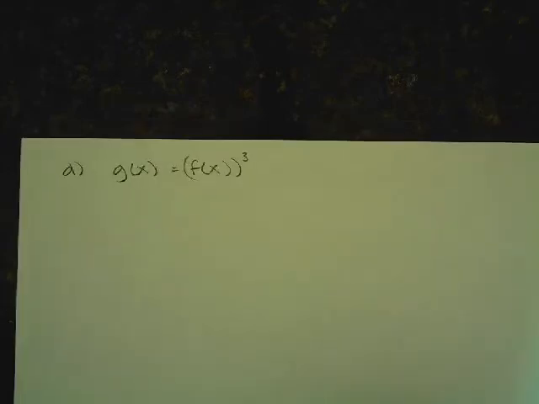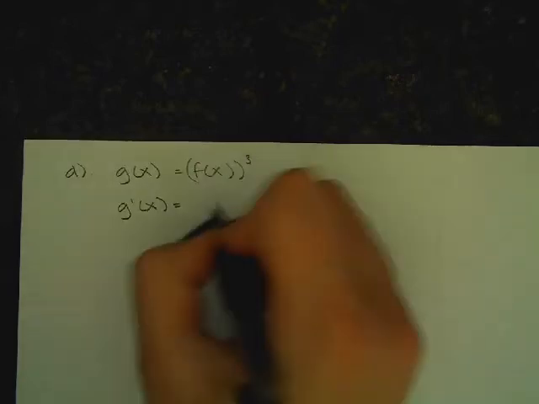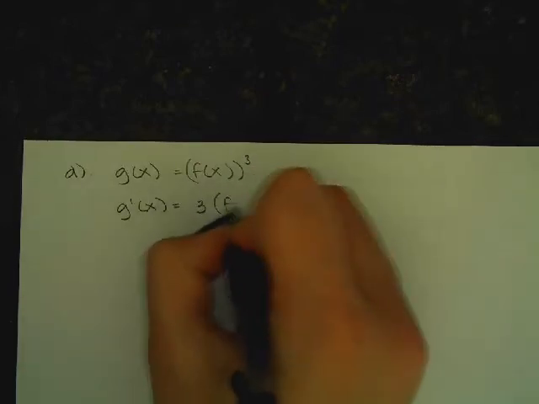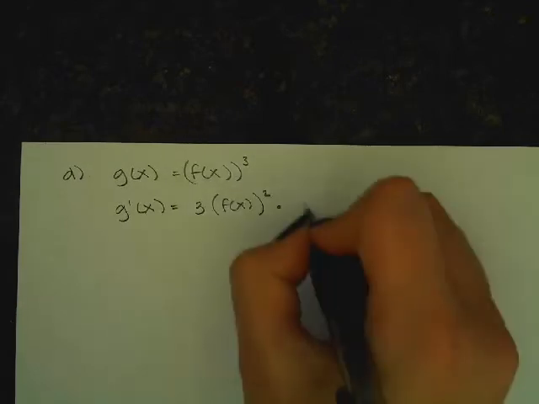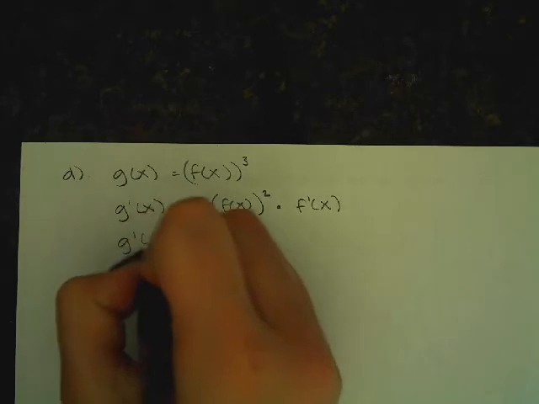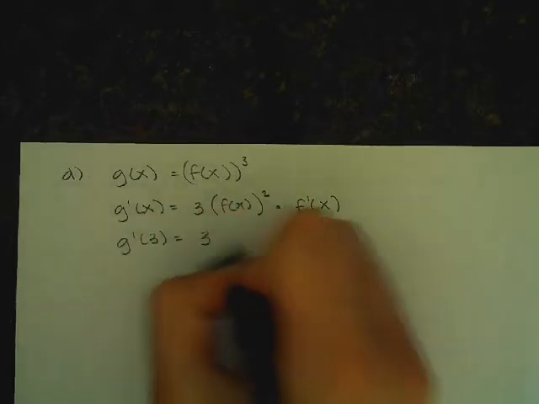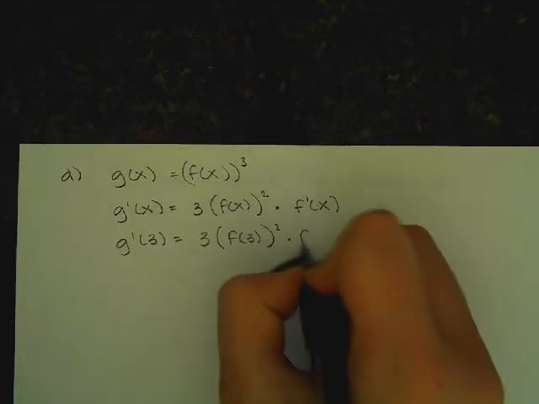So they want us to find g prime of 3. Okay, so first I said g prime is 3 times f of x squared, so I'm doing the chain rule, times f prime of x. And then g prime of 3 is 3 times f of 3 squared times f prime of 3.